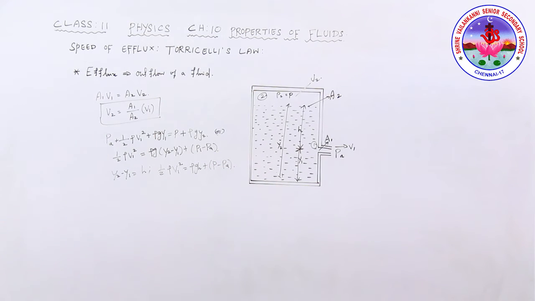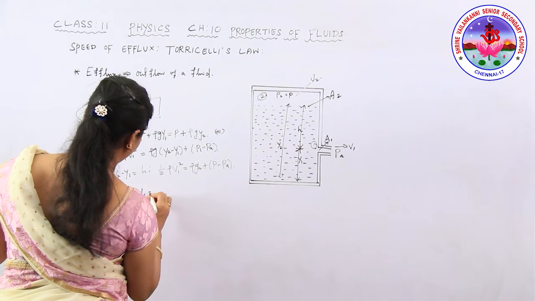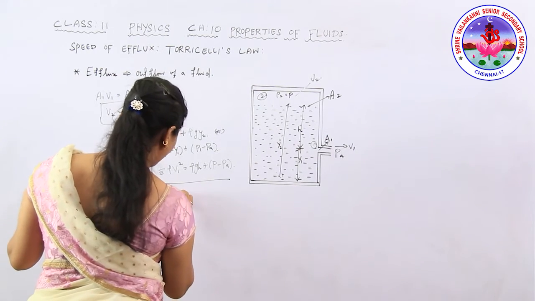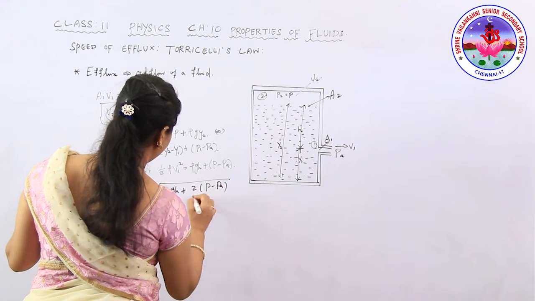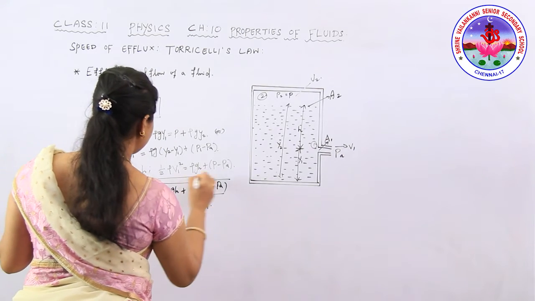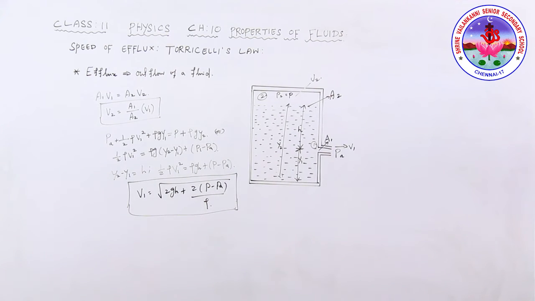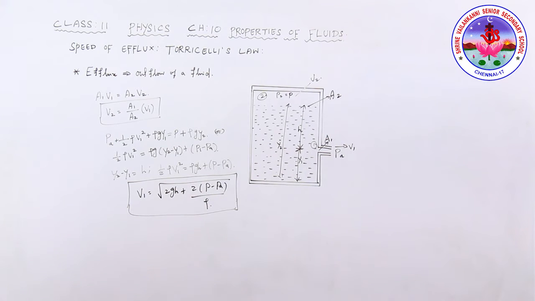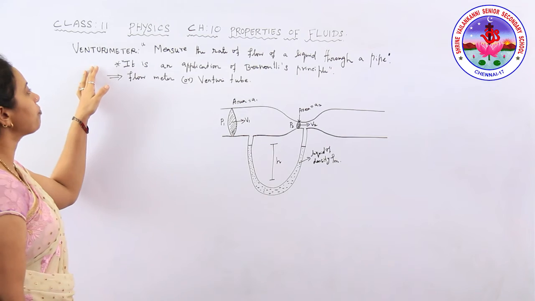Okay, now we'll see the value for V1, which is equal to the square root of 2gh plus 2 into P minus PA by rho. So this is the value of V1 for the outflow, the speed of efflux, which is the velocity V1 in the outflow. Got it, children? Yes.